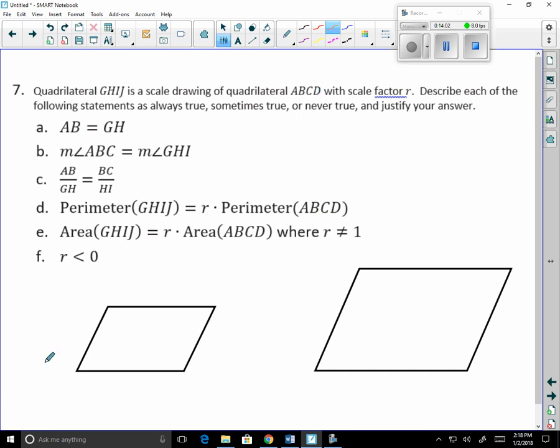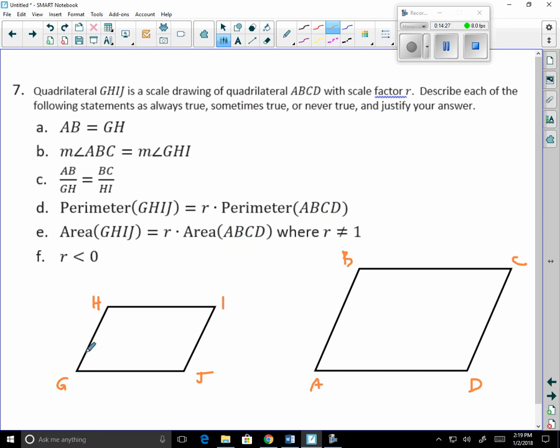So if I make this G, H, I, and J, and make this A, B, C, D in the same order, I can kind of figure out which of these are true, which are never true, which are sometimes true, etc.